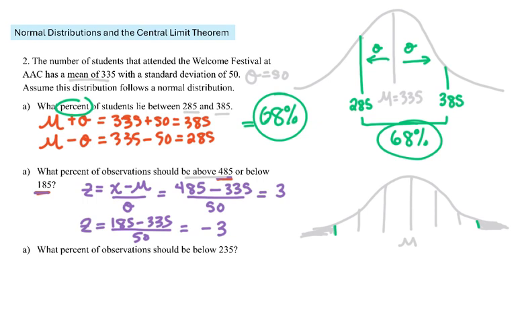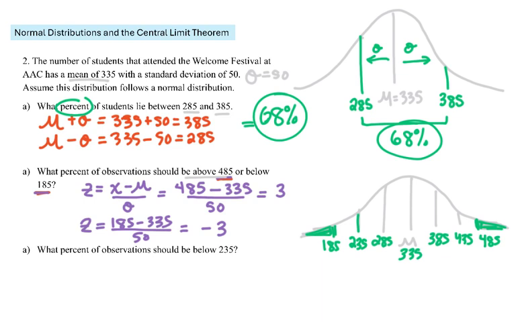Remember, the mean here is 335, this would be 385, this would be 435, this would be 485. And again, subtract 50, this is 285, subtract another 50, this is 235, subtract another 50, and we get 185.